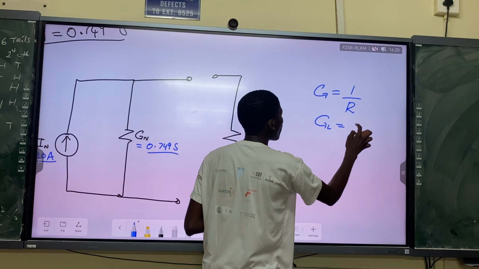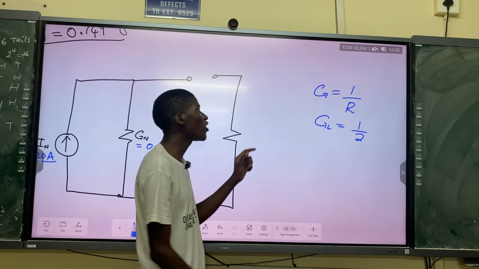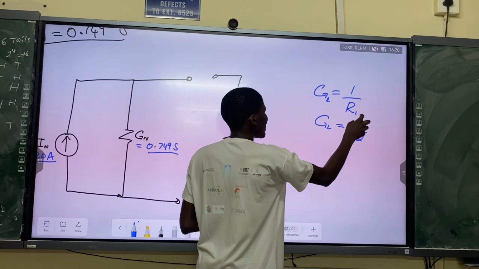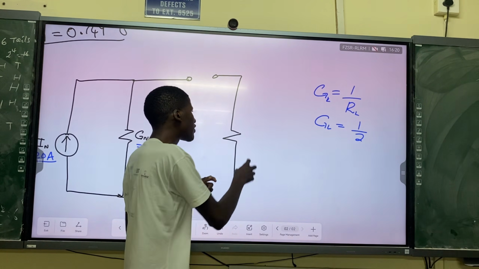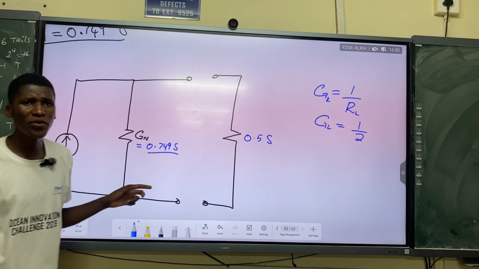So it's 1 over 2 ohms. 1 over 2 will give us 0.5 Siemens.